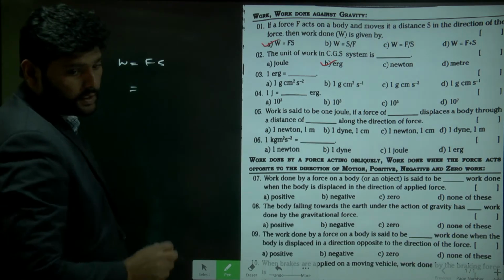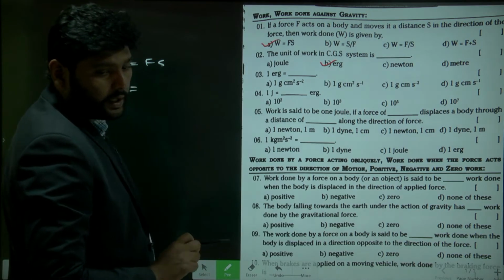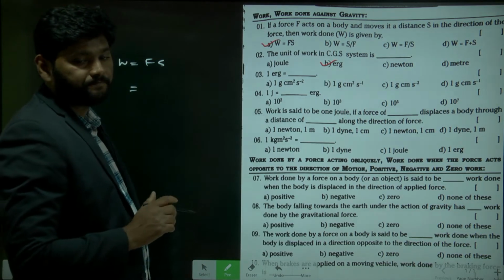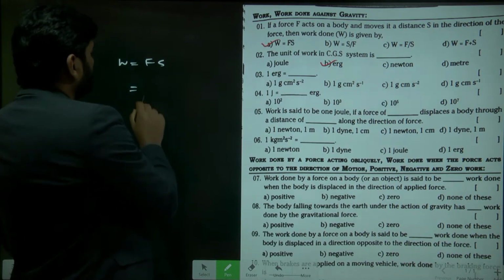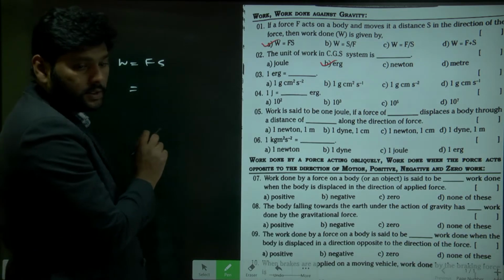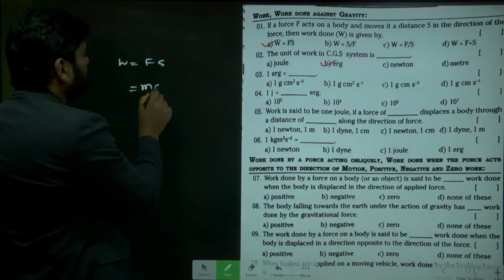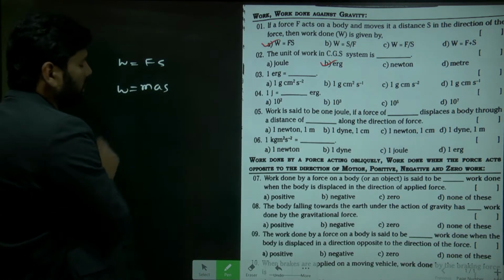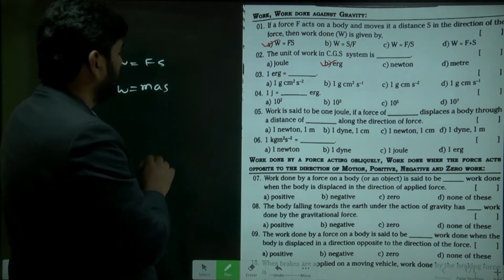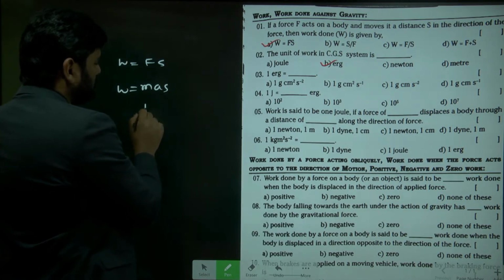What is the general formula for force according to Newton's second law? F is equal to what? According to Newton's second law, F is m a. So the work done formula is m a into S. What are the units for mass?